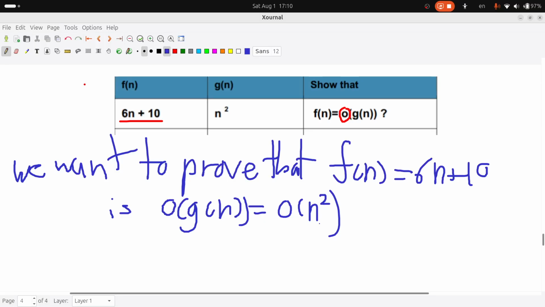So little o is likely the same as big O, right? Big O is the upper bound of some function, but little o is more strict, right?